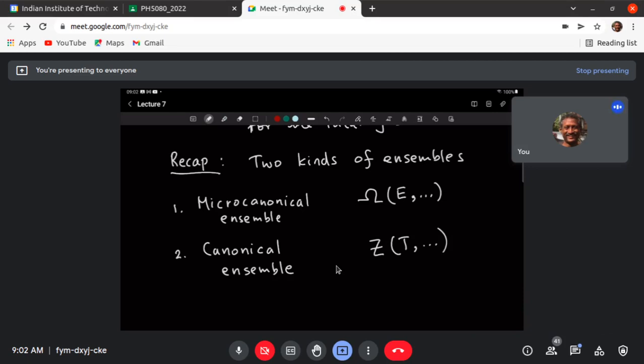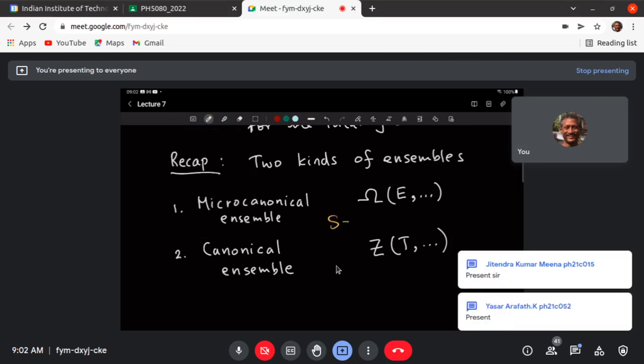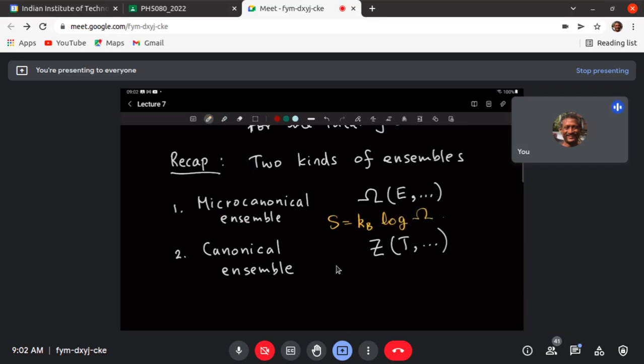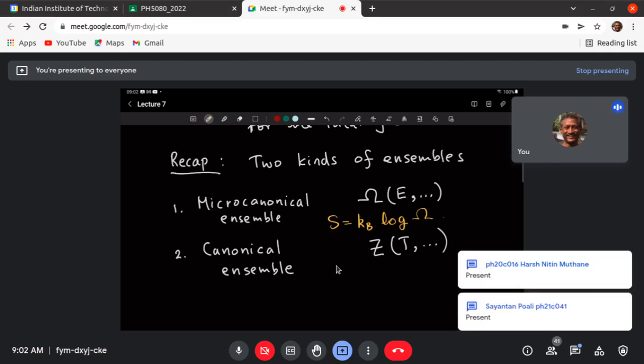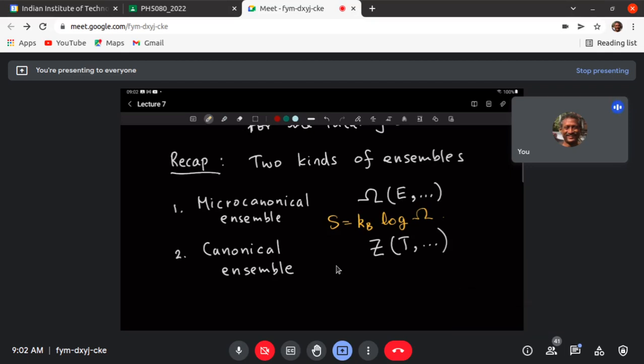And so out here in the first example, we saw that the entropy was kB log omega. We will see a similar thermodynamic quantity which would be expressed in terms of the canonical partition function a little bit later, maybe next lecture.